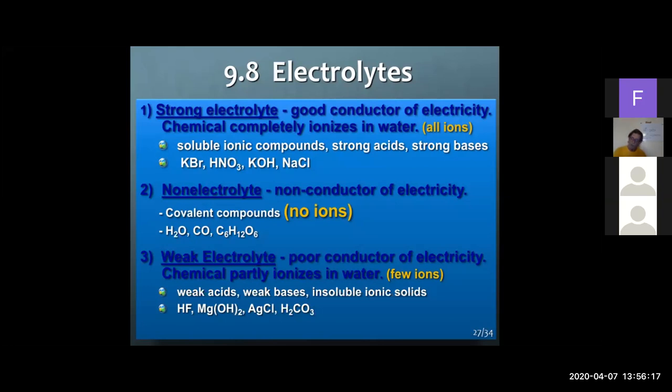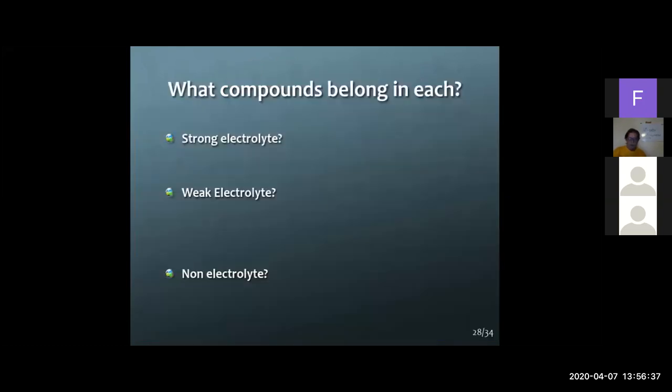So these weak or insoluble compounds create weak electrolytes, meaning they can produce some ions, but not 100%. Remember earlier we talked about less than 5%.